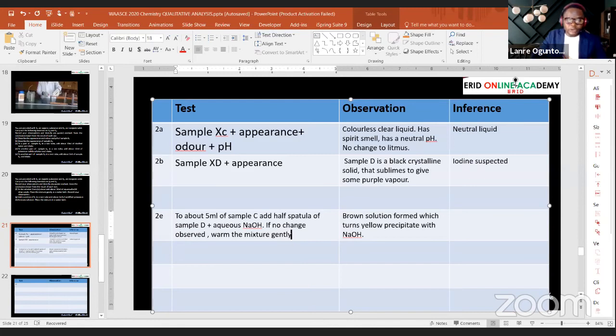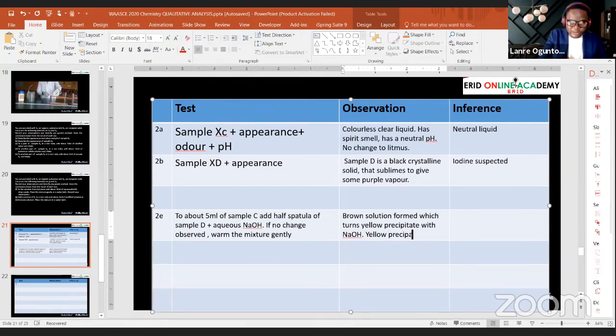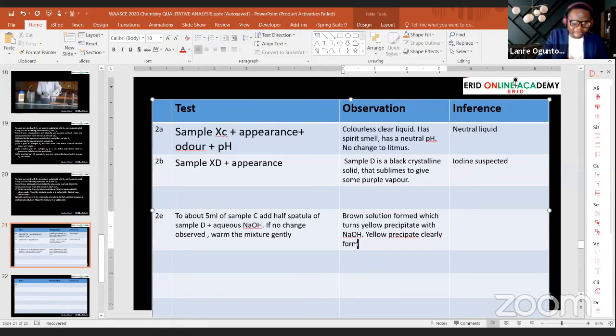So you can warm your boiling tube with your test tube holder on the fire, or you use your water bath. Warm gently. Then you can write: yellow precipitate clearly formed on warming. So that's the observation.